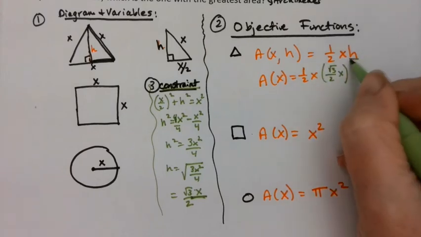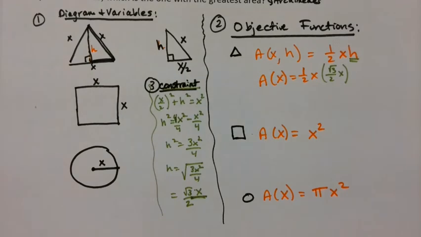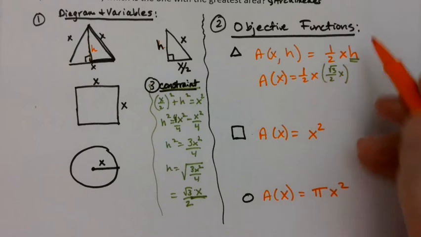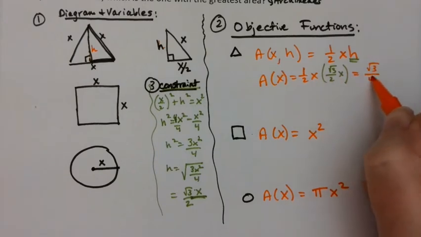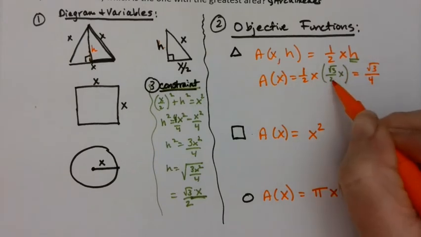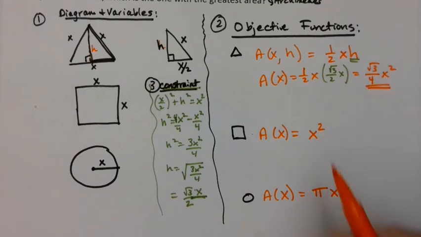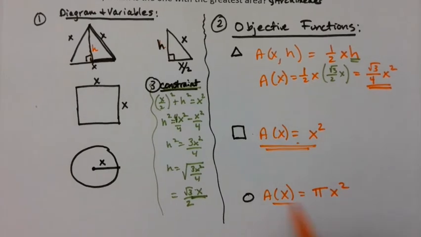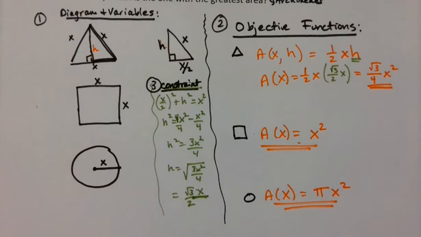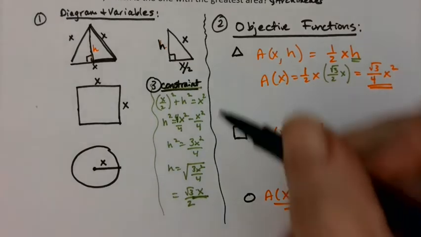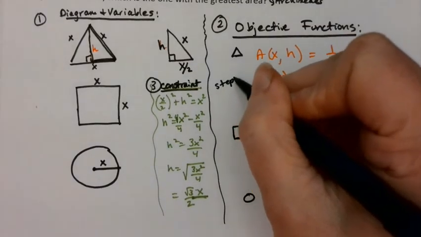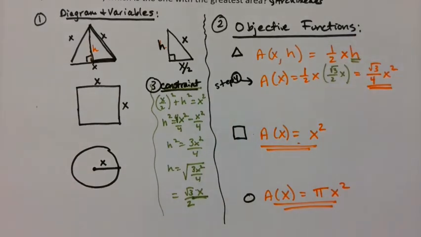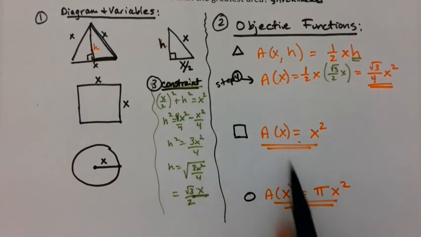That's my h, which would be the square root of 3 over 4, because 2 times 2 is 4, x squared. That's the area function. So here's one area function, here's another, and so on. The only one that needed a step 4 is right here. Step 4, using the constraint to make it one variable. The other two actually didn't need one.